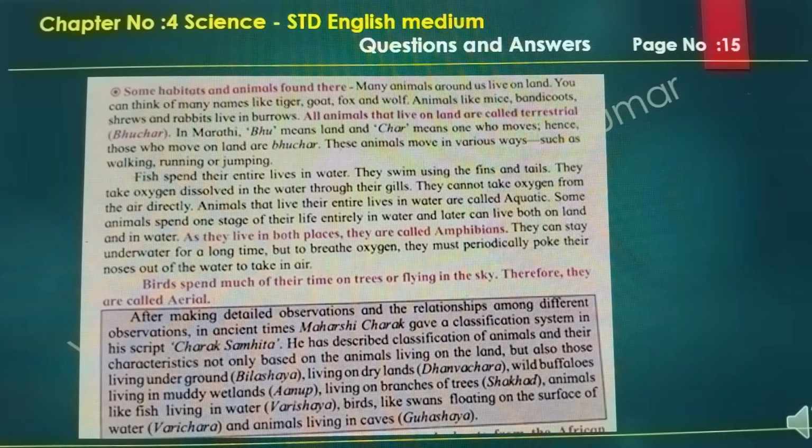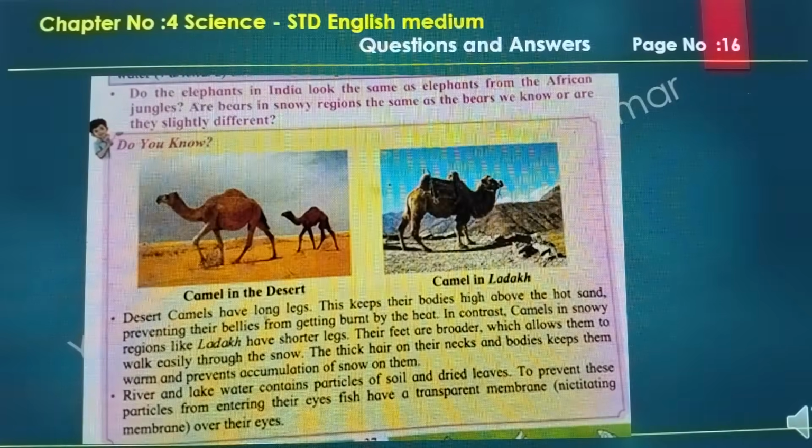All animals that live on land are called terrestrial. Camels in the desert, so camel in Ladakh.